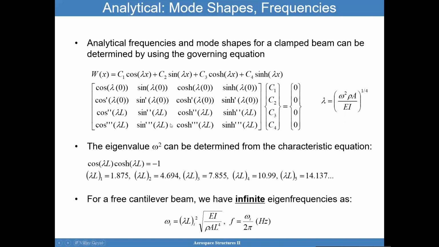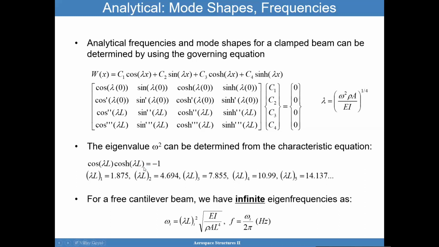I invite you to do it at home. It's very simple, like sine of 0 is 0. A lot of this stuff will go to 0. It will be simple for you to find that the determinant of this matrix is this here. And you can find the roots of this formula in Excel or something like that, and you get these as the potential values that solve this.